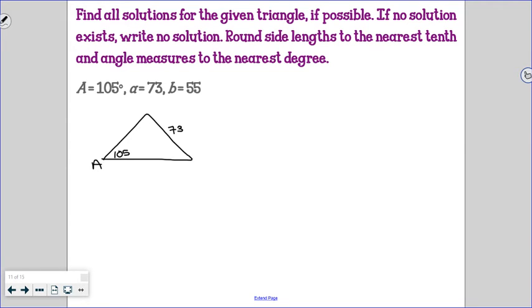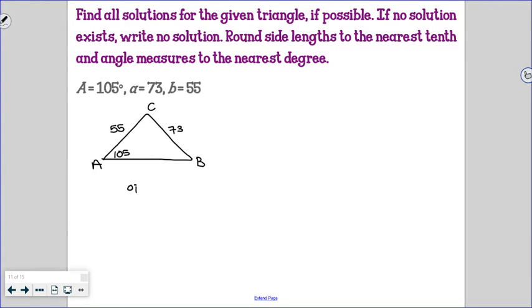Across from it is 73. You will notice that my other two letters will change. I typically draw mine so it goes this way, so I put the letter here that's going to put my side here. It doesn't have to. Just make sure that you're careful about matching up the right letters when you go to write your answers, okay?